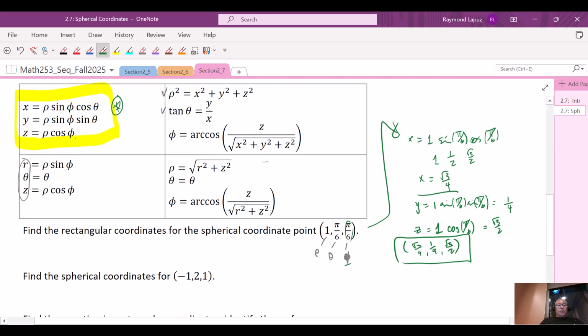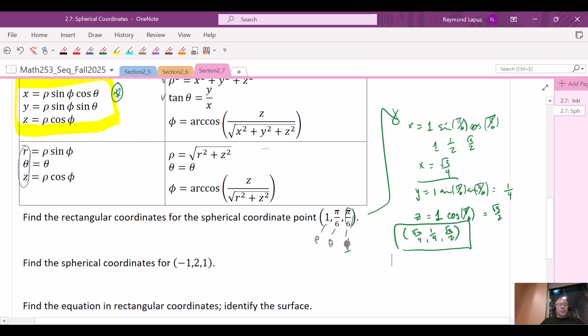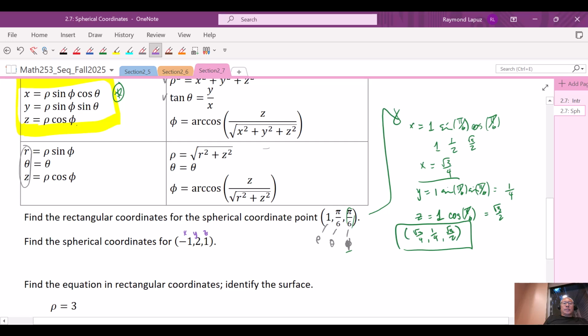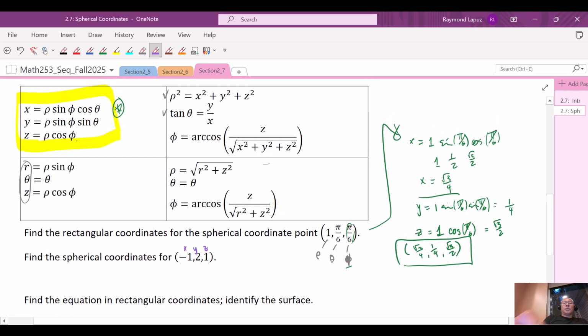In our next problem, we are finding the spherical coordinates for this point over here in rectangular coordinates. So in this particular problem, we have x, y, and z, and then we can use the second set of equations in this box right here.